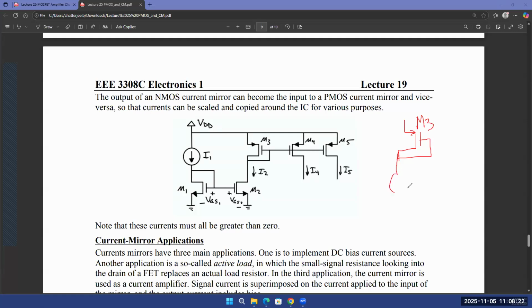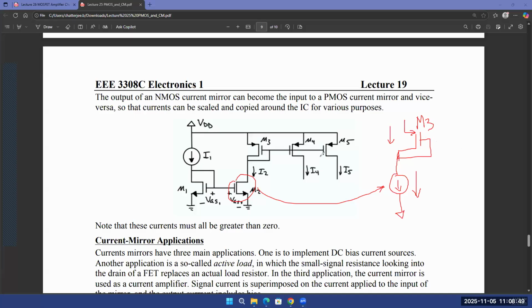It's as if there is a current source below that is forcing the current here, so that the current through M3 is also the same. So this transistor actually becomes this current source over here, and that current source is equal to the I1 current if the W over L ratios of M1 and M2 are equal.